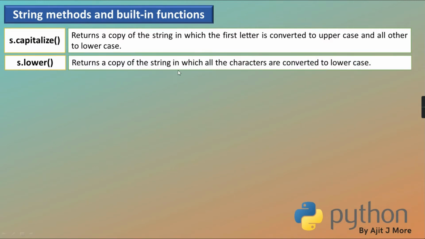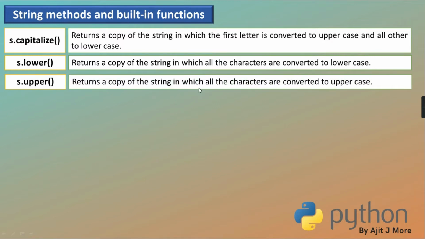Now, by analogy, common sense: lower is there, so upper is there. Upper will convert all the characters to uppercase, but not the original again, the copy string. It returns a copy of the string in which all the characters are converted to upper.